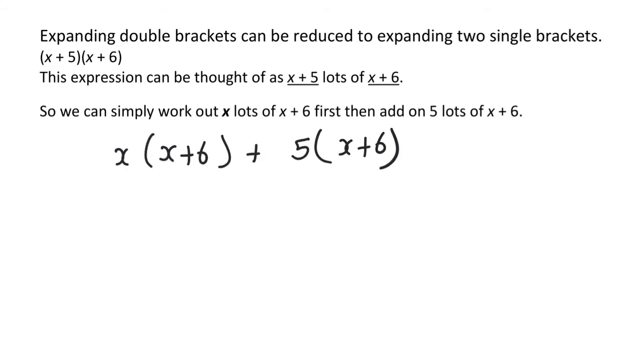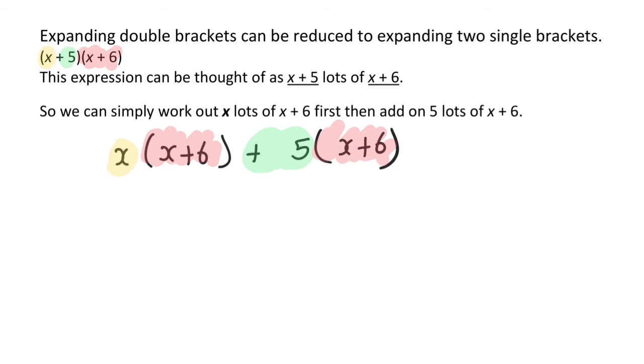So hopefully what you can see is that the first term in the first bracket is outside the second bracket. And then we've got the plus 5 being repeated outside the bracket as well. So the x plus 6 is a common bracket to both. So we've got x lots of x plus 6 and 5 lots of x plus 6.